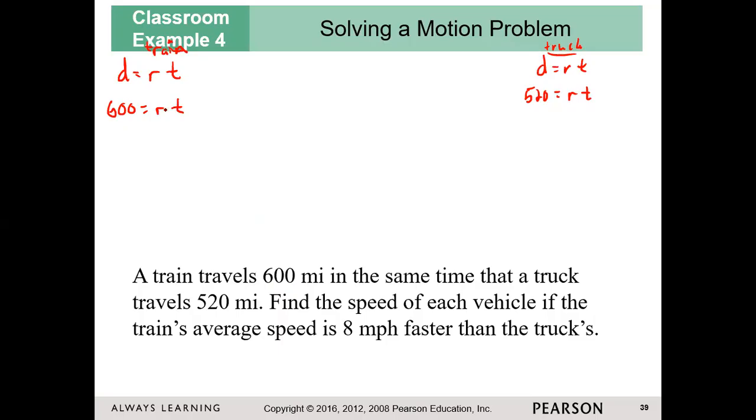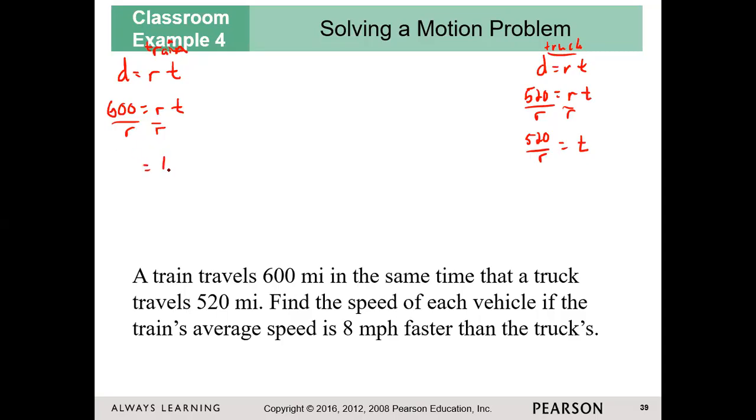It also says that the train's average speed is 8 miles per hour faster than the truck's. So what I'm going to do is solve these for T. So I'm going to divide by R, there we go. And that's going to give us T is equal to 520 divided by R.